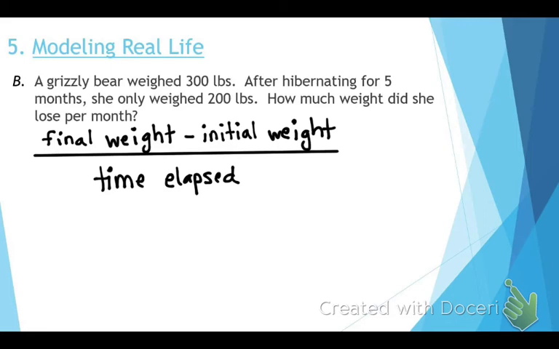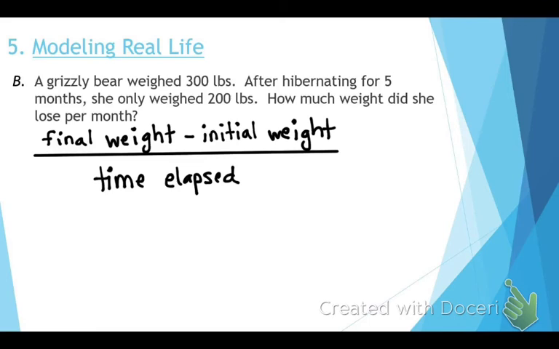All right, now what we're going to do is plug some numbers in. I want you to take just a second and see if you can figure out what was the final weight of that grizzly bear at the end of our problem? What was her initial weight at the beginning of the problem? And how much time elapsed or how much time passed? I'm going to give you just a minute to try to plug those numbers in.